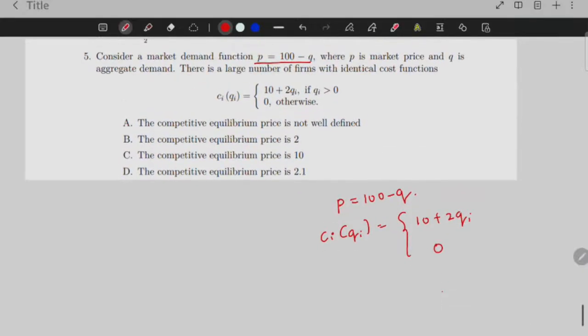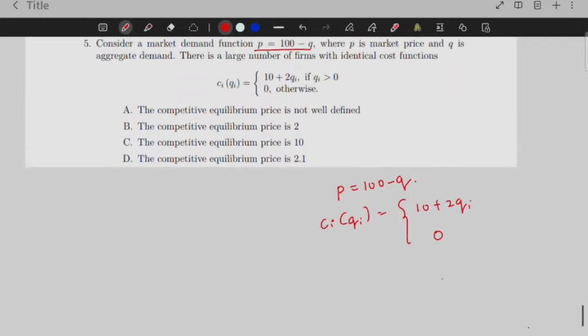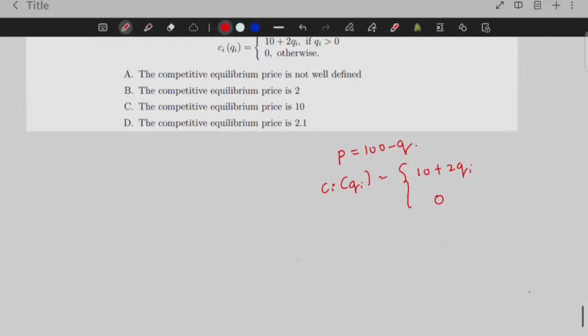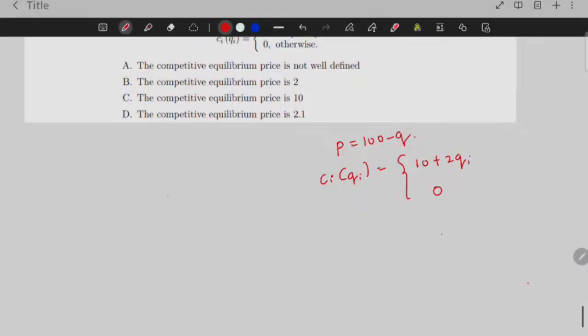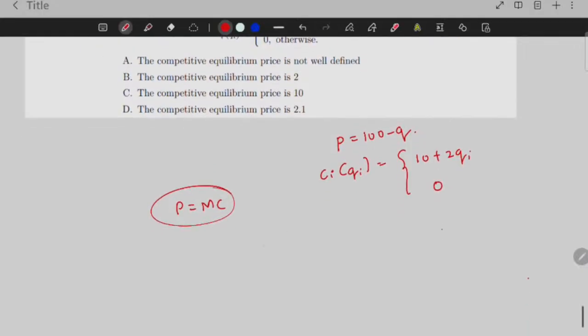Now, what is the basic price for this? The marginal cost is the price, right? How much is he going to sell? When P equals MC, he is going to sell that many. In this case, what is MC? MC is dC divided by dQ.